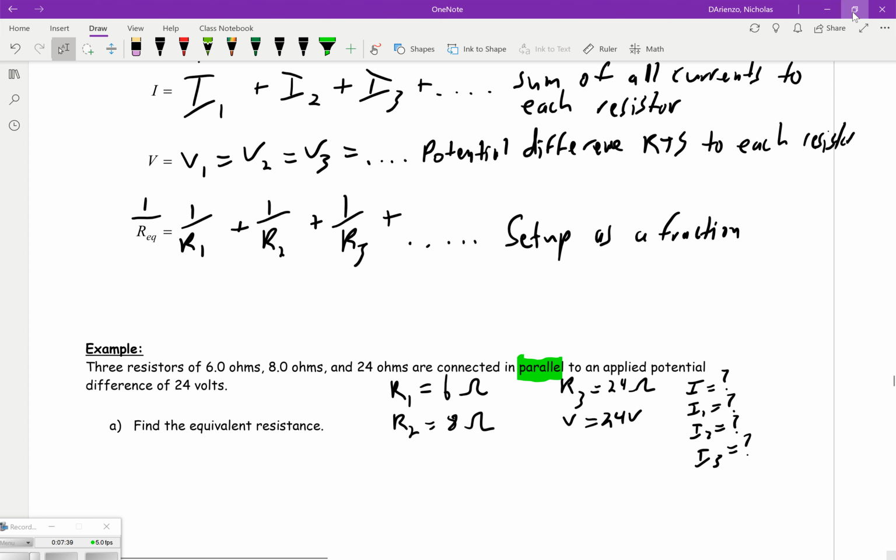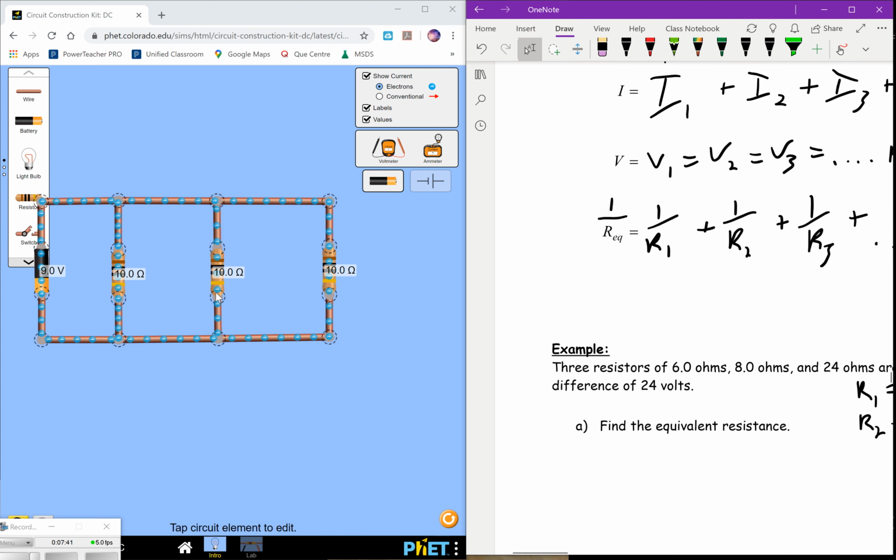And I've set this up in a circuit using the PhET Simulator circuit construction kit. I haven't adjusted any of these values yet, but if we click on these, we can adjust these. I'm going to bring this up to, what do you say, 24 volts.